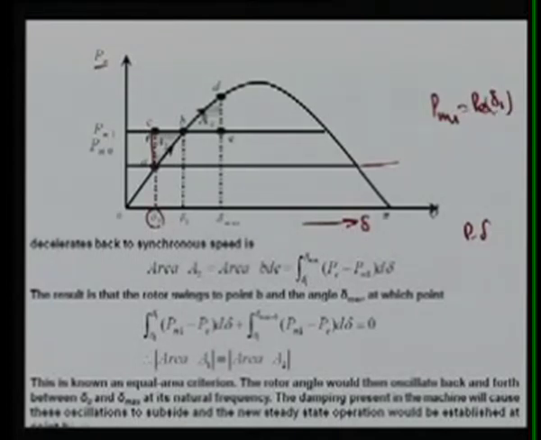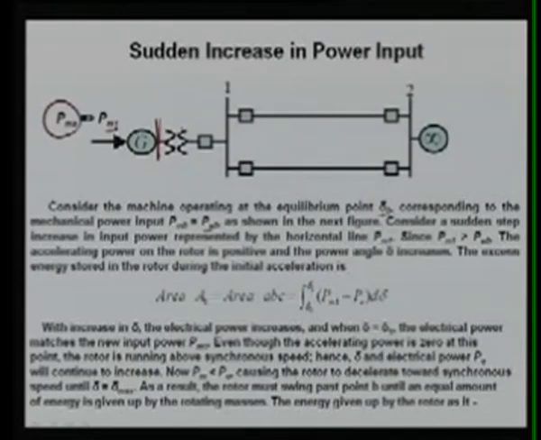Initially PM0 was equal to P delta naught. So this B point is another stable point after the power increase. So we have just seen the sudden change.